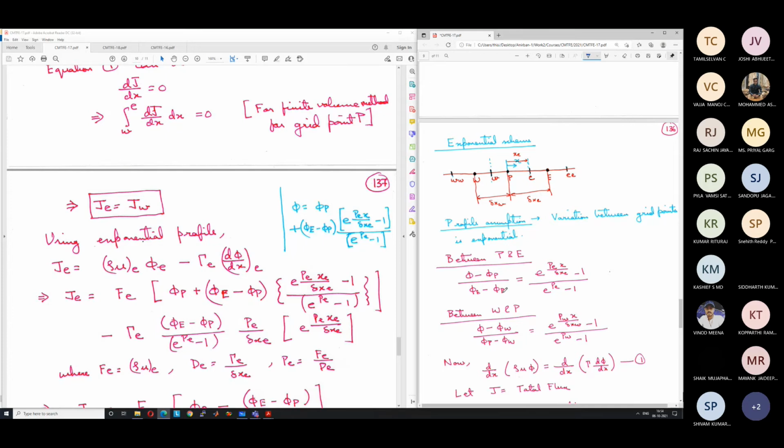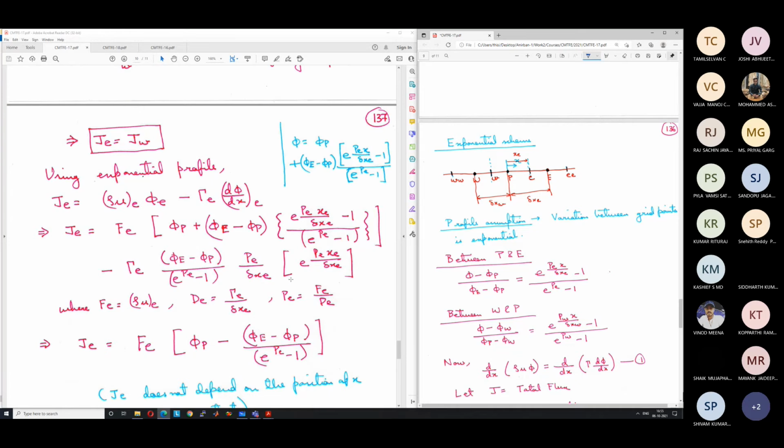Multiplied by phi e minus phi p. So phi p goes to 0, and you are left with (phi e minus phi p) by (e to the power p minus 1), and this term gives us p by delta xc e to the power p xc by delta xc. We are just taking the derivative of phi with respect to x and then replacing the value at x equal to xc, and we will get this term.